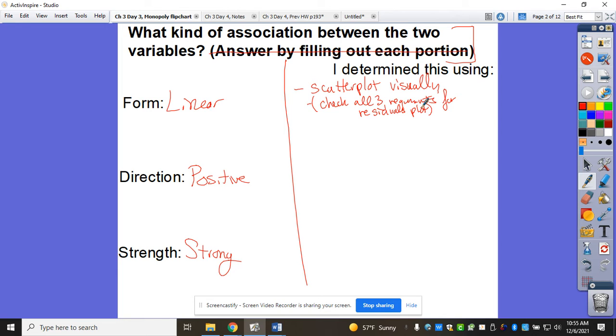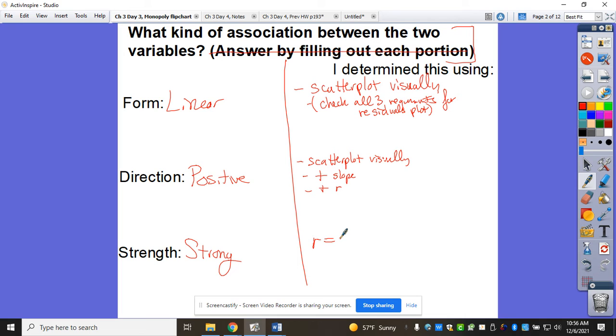How do I know that it is positive? I know that my R and my slope were both positive. Can one of them be positive and one of them be negative? No. And then my strength was strong. How did I know that?